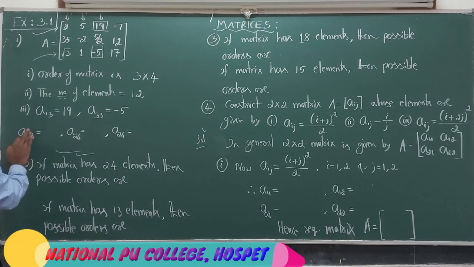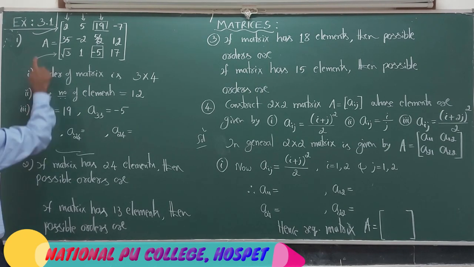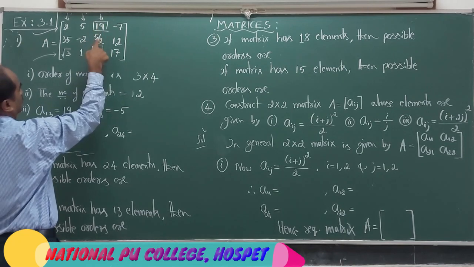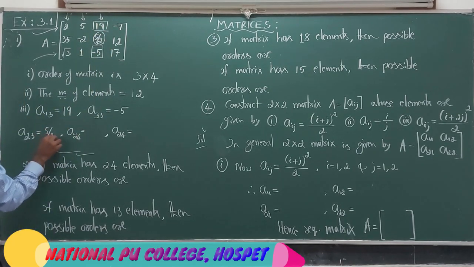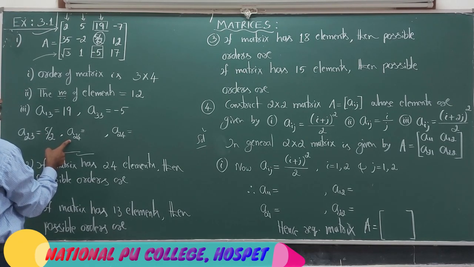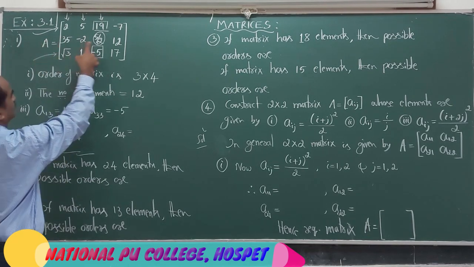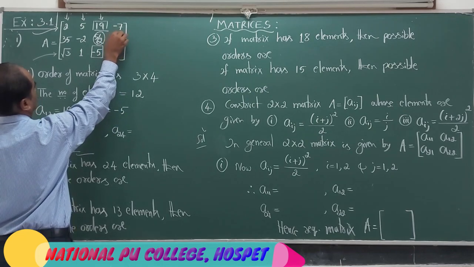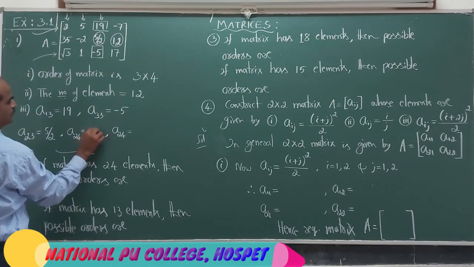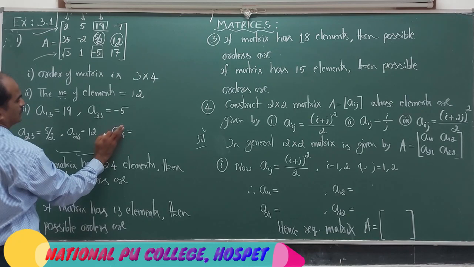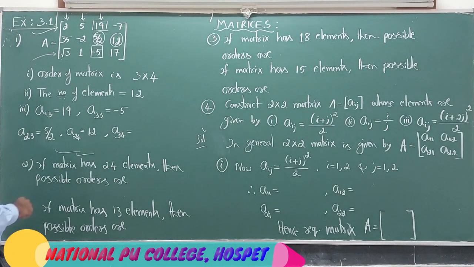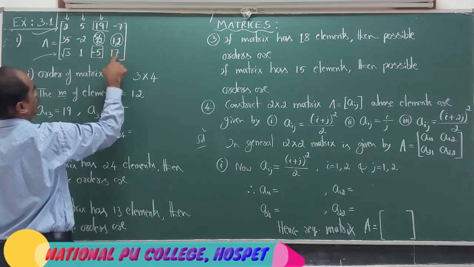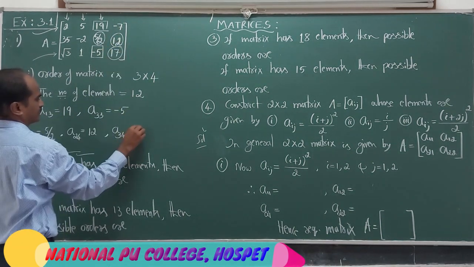Then A23: element present in second row, third column, namely 5 by 2. So it is 5 by 2. Next, A24: element present in second row, fourth column. It is 12. Now, suppose they are given A34, element present in third row, fourth column, namely 17.